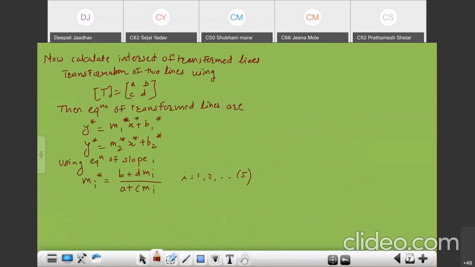The slope of the transformed line, I write here for both lines separately. For the first line, m1 star is equal to (b plus dm1) divided by (a plus cm1), and m2 star is equal to (b plus dm2) divided by (a plus cm2).